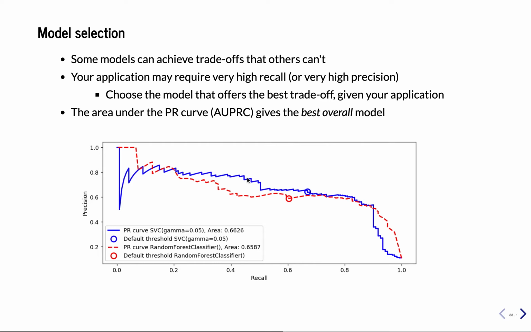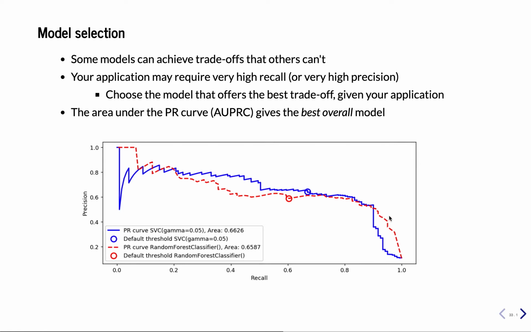They have a higher precision for the same recall than a random forest. Right? However, there are some possible models, some thresholds, in which I can get a higher recall from a random forest without losing so much precision.